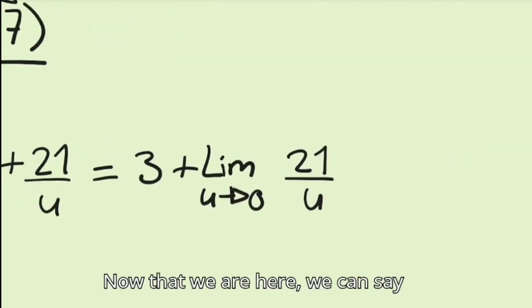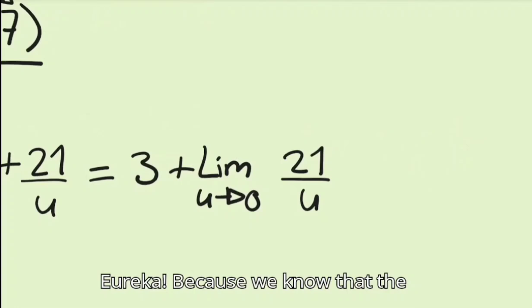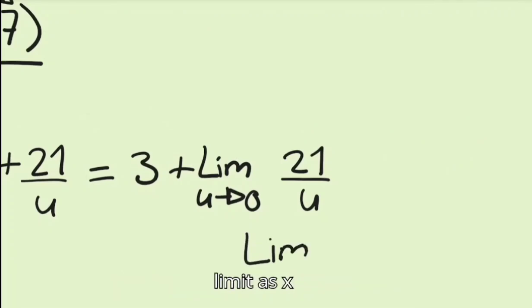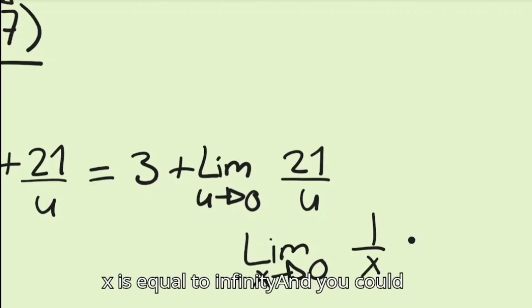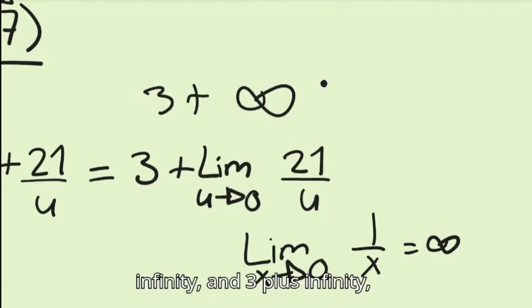Now here, we can say Eureka, because we know that the limit as x approaches 0 of 1 over x is equal to infinity, and you could say, oh, therefore it is equal to infinity, and 3 plus infinity.